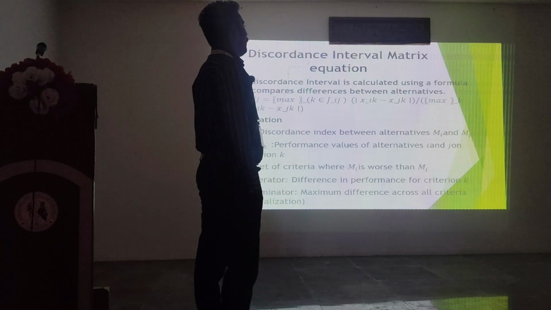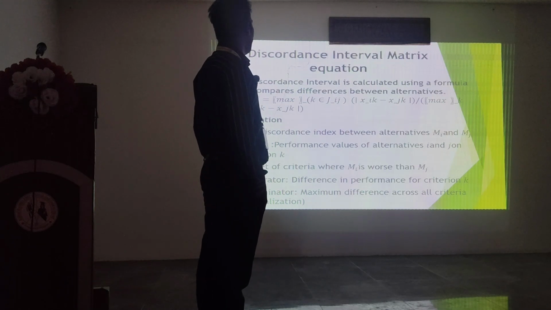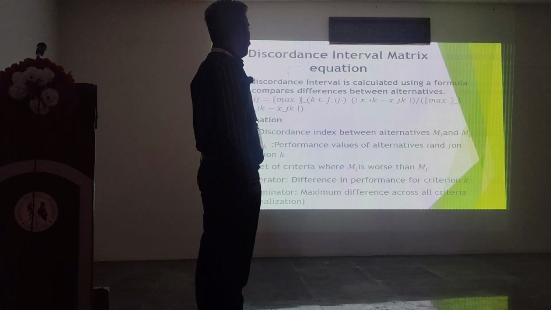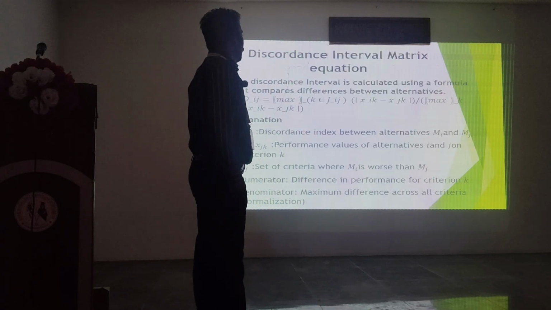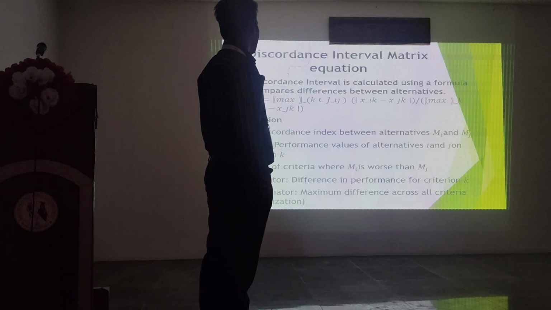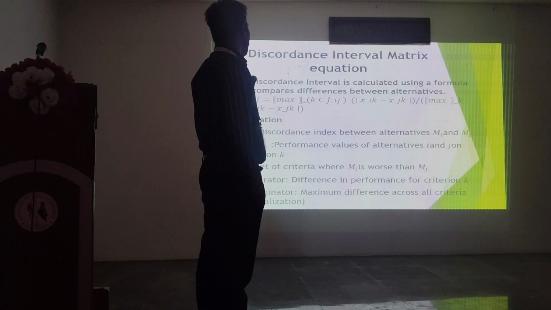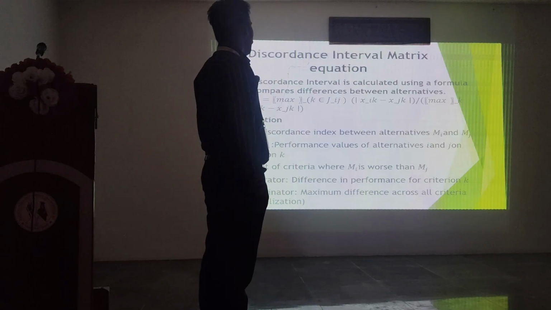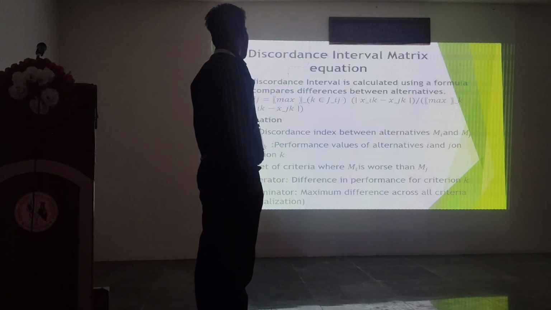The discordance index is calculated using a formula that compares differences between alternatives. Dij equals the maximum over k in Jij of the absolute value of xik minus xjk, divided by the maximum over all k of the absolute value of xik minus xjk.